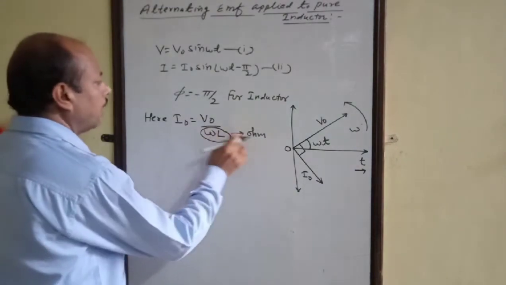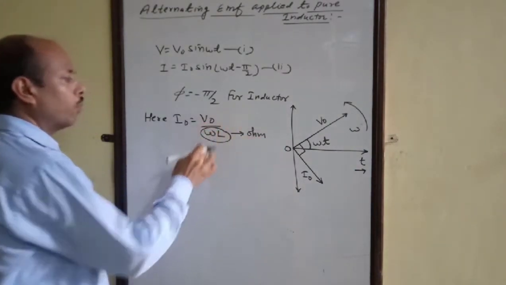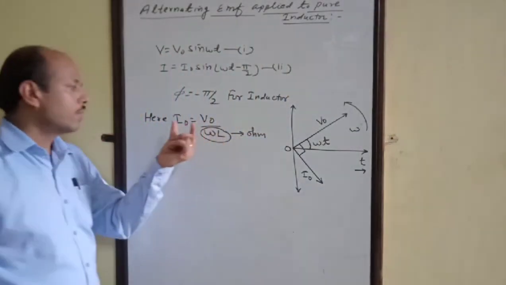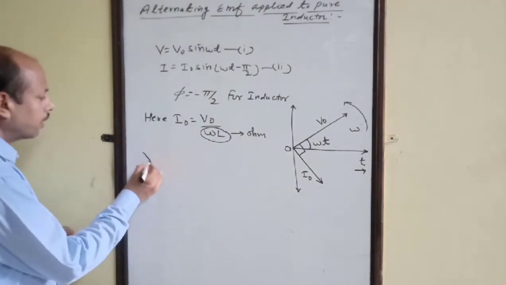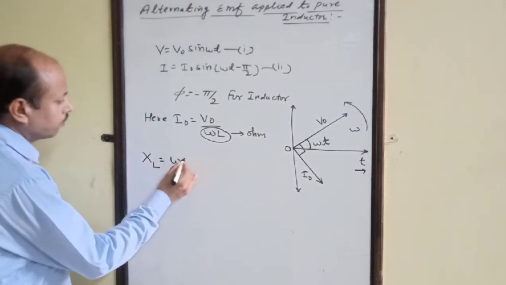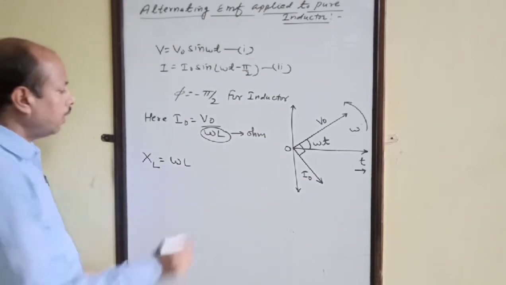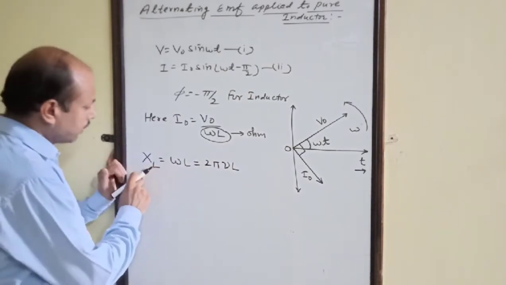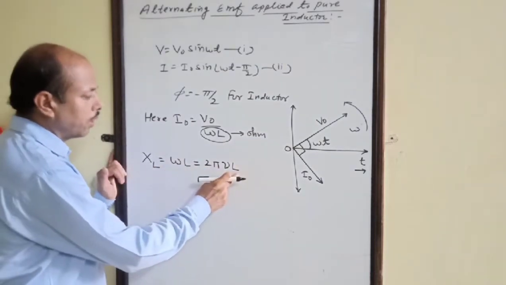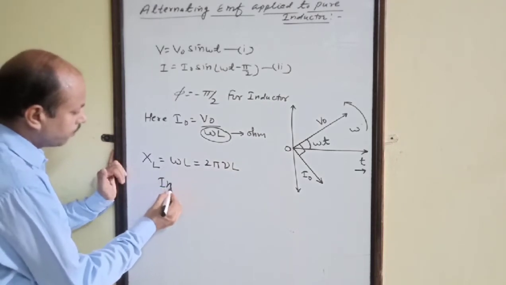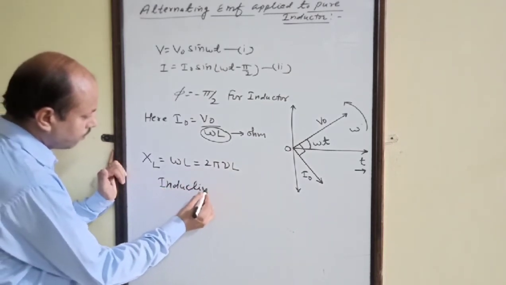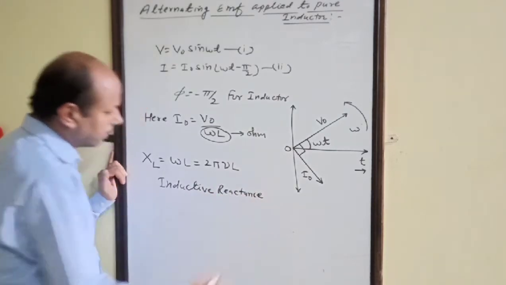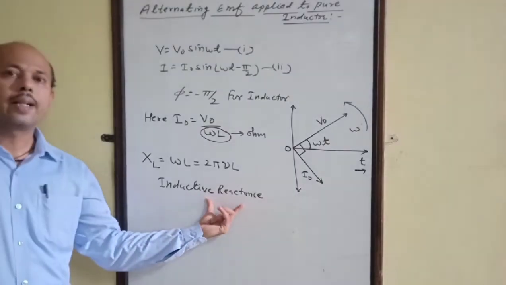And since omega L is in ohm, it means omega L is the effective opposition, and this we are denoting as XL equals omega L equals 2 pi nu L, and this is known as inductive reactance.